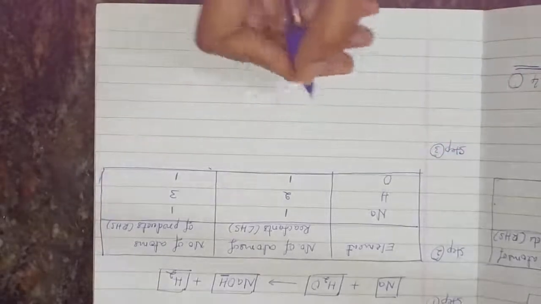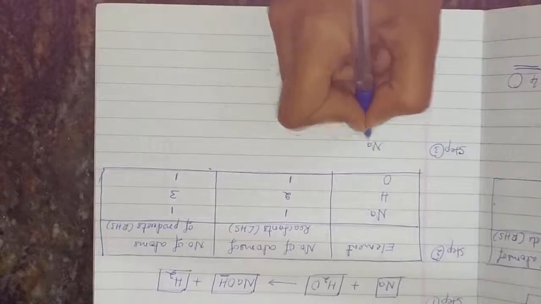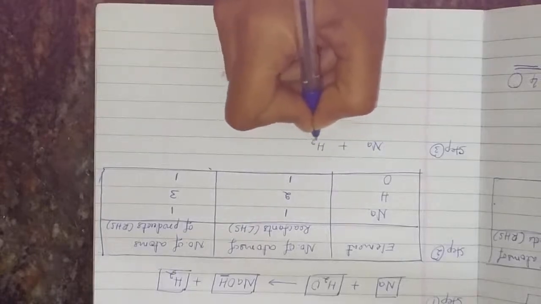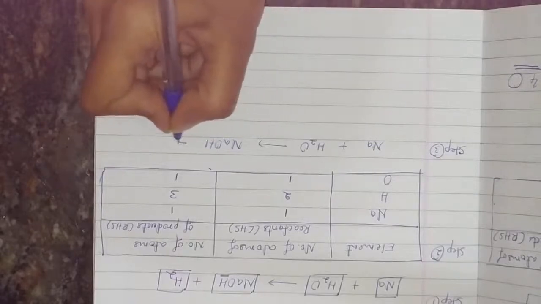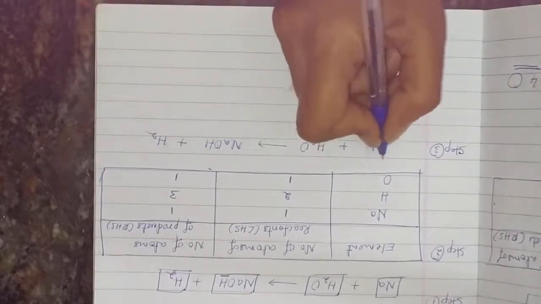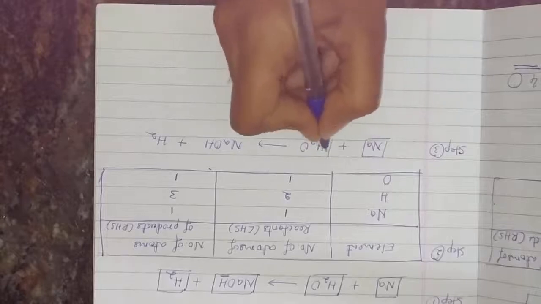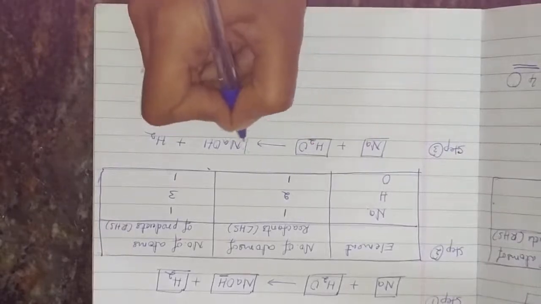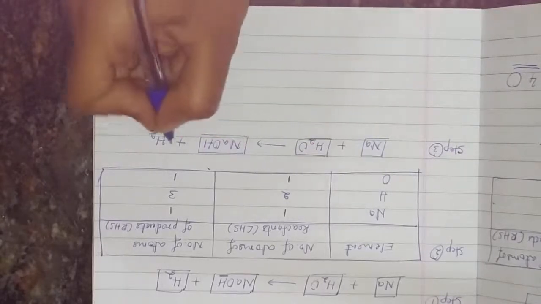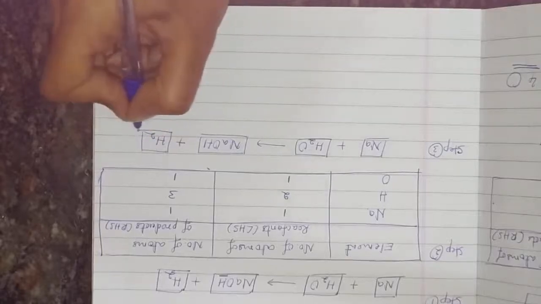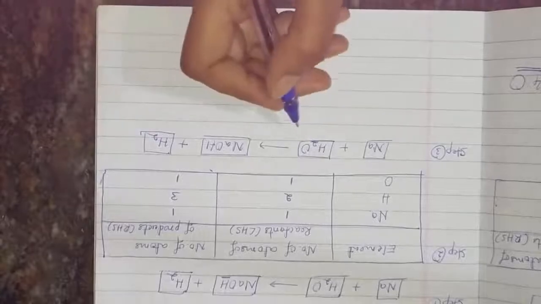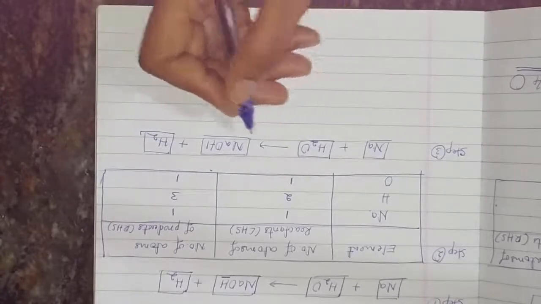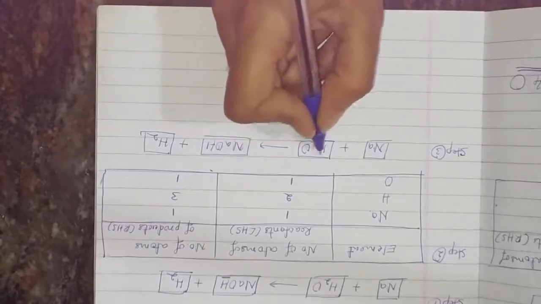In step 3, we will balance the chemical equation. Okay, see here. We will start with this compound.